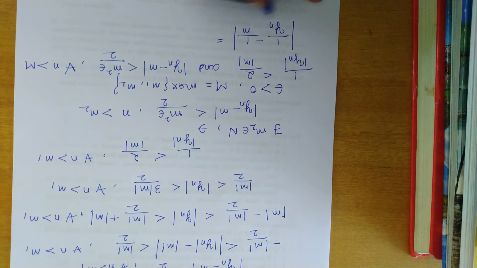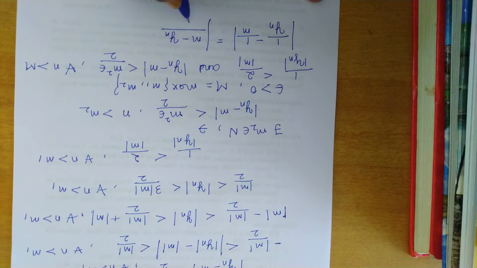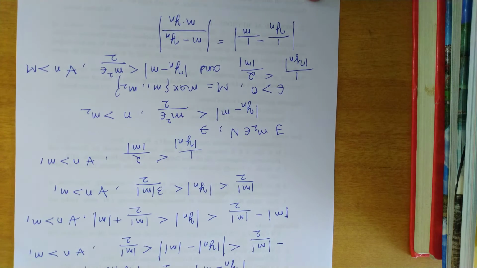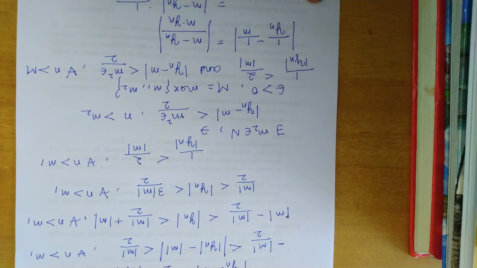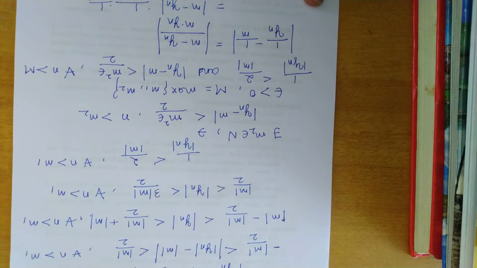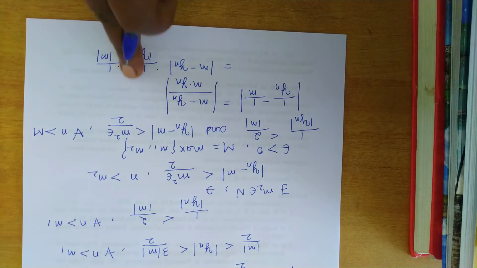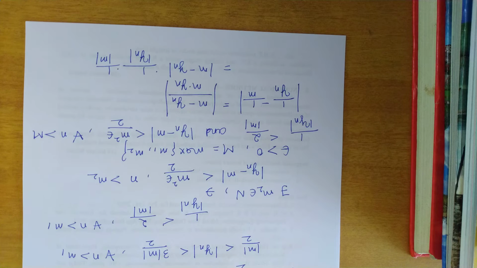When I cross multiply this, I get m minus yn by m dot yn. So this is equal to modulus of m minus yn into modulus of 1 by yn into modulus of 1 by m.